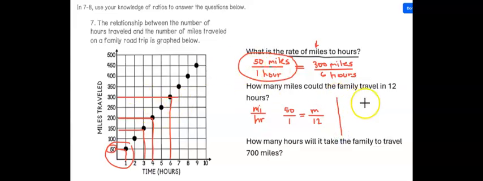Or you could, from this graph, recognize that, hey, 50 is the unit rate. So if I want to find the miles, I'll take 50 times the number of hours they're traveling to figure out the miles they got. And then it would just be simply m equals 50 times 12. And 50 times 12 comes out to be 600 miles. That's how far they'll get in 12 hours.